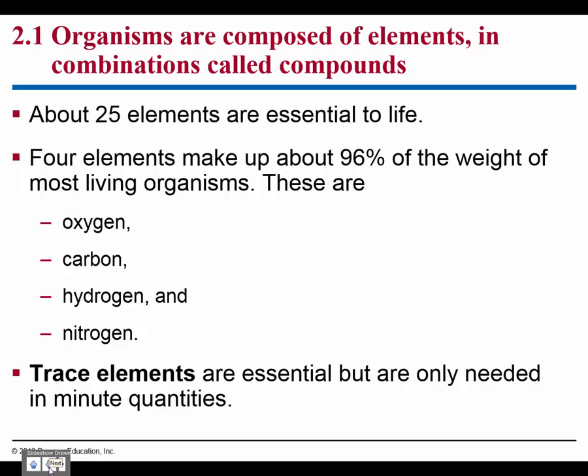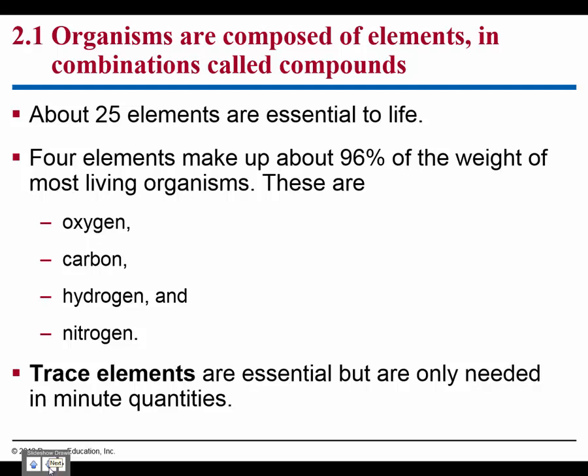There's a certain number, about 25 of these elements that are essential to life. And of course, you would think the 4 elements that make us up, those would be the most essential. And that is, of course, correct: oxygen, carbon, hydrogen, nitrogen. But then there are trace elements, and they're essential, but they're only needed in minute quantities.